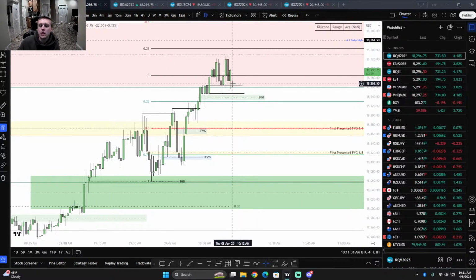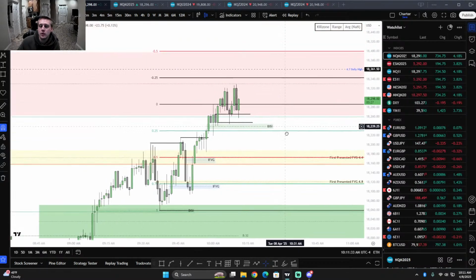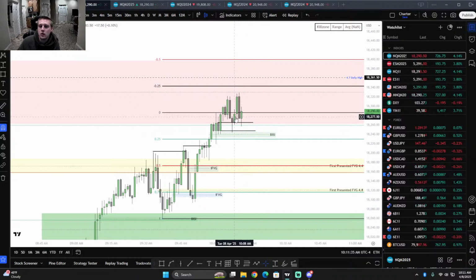Alright, down close candle again. I want to see this really push price higher. I want to see this get used.